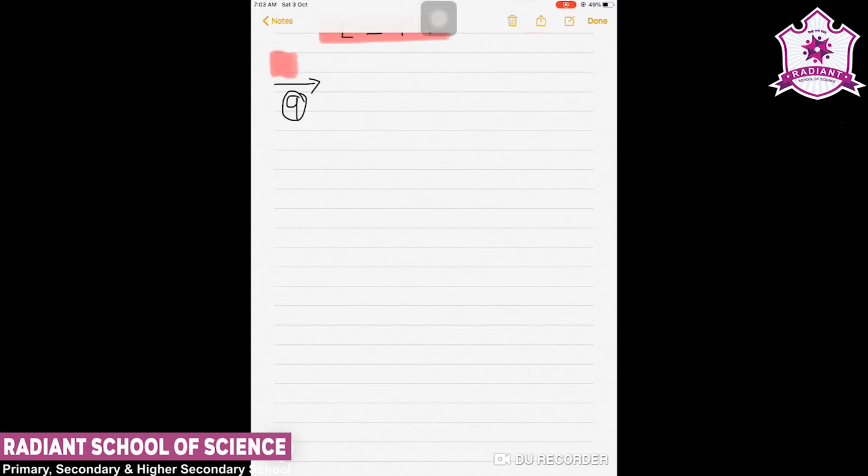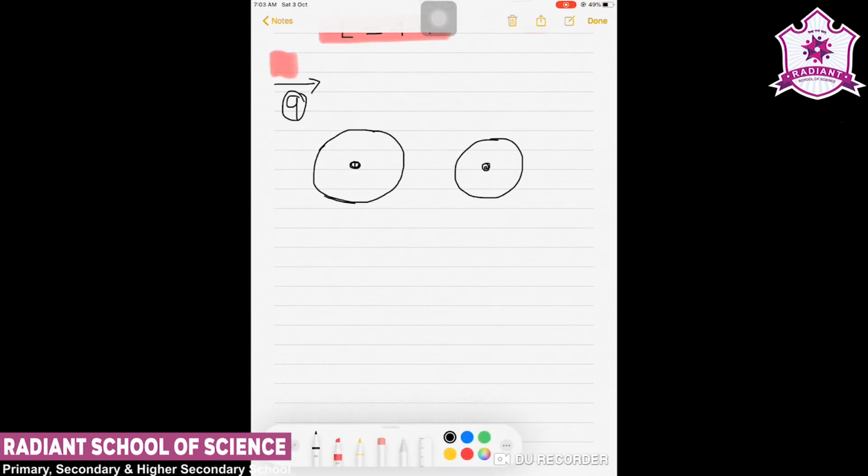Now, as far as the question is concerned, we are given two adjacent coils that we will consider in this way. This is coil 1, suppose. This is suppose coil 2. They are lying very adjacent to each other, and we consider it in this manner. So I have to draw the figure again.